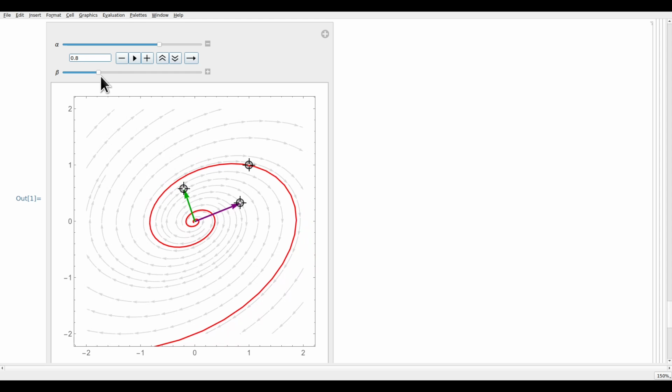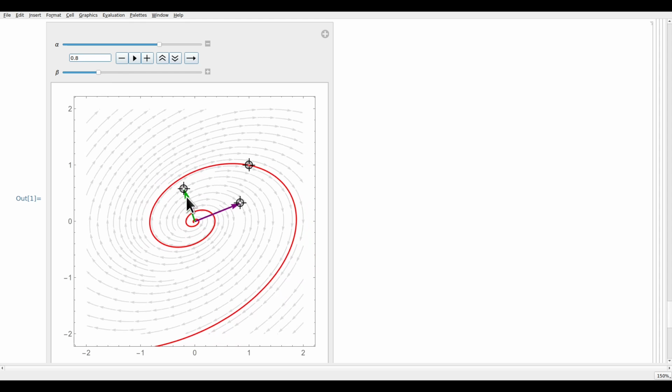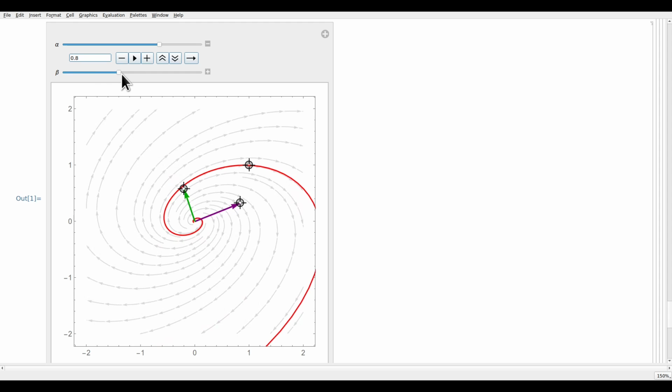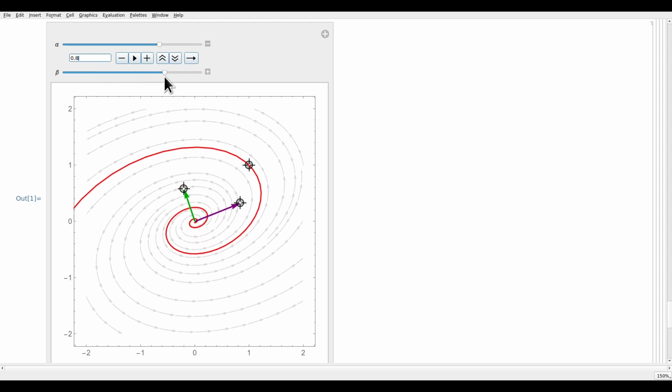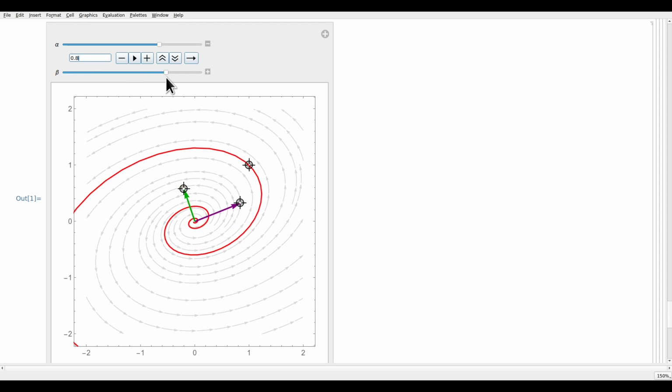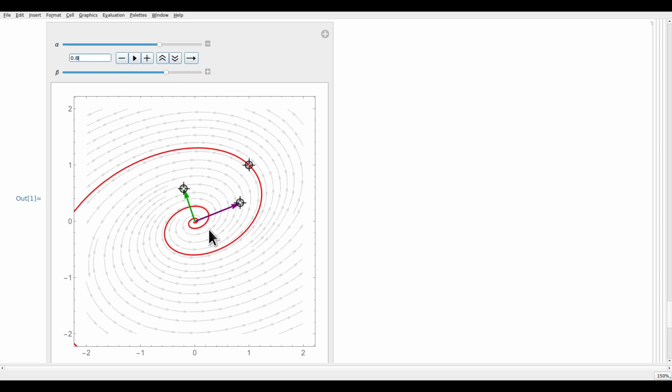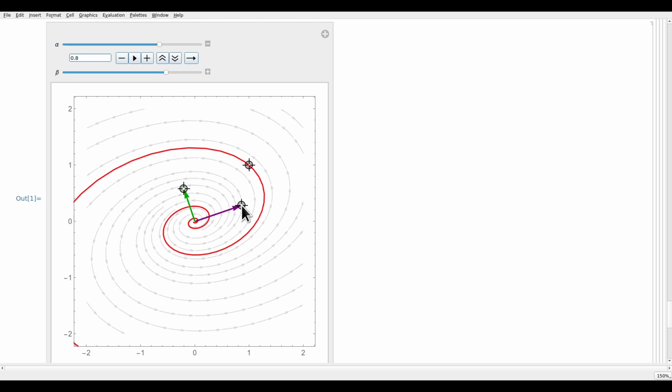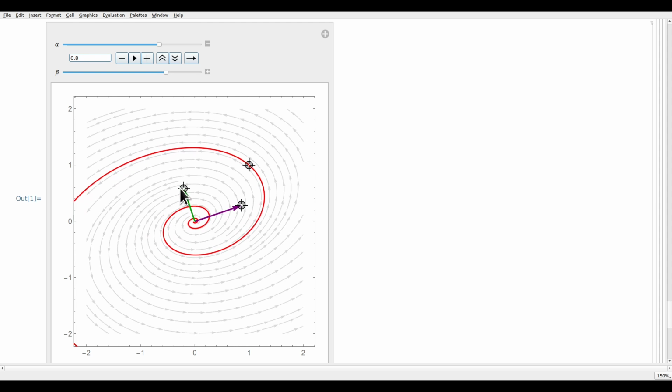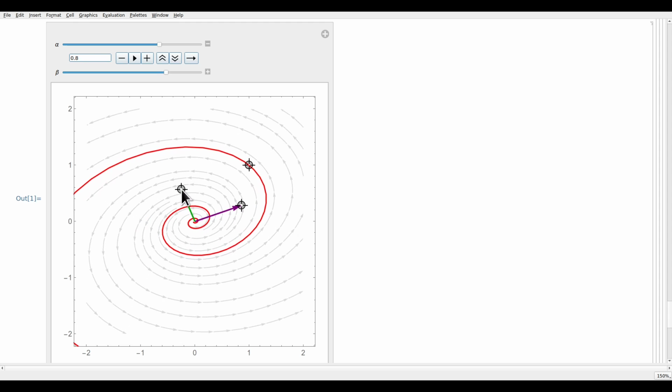So when beta is negative, you can see spiraling happens in this clockwise direction. And when beta is positive, the spiraling goes in the counterclockwise direction. And again, just to make this picture a little bit neater, this purple arrow is u, and this green arrow is minus w.